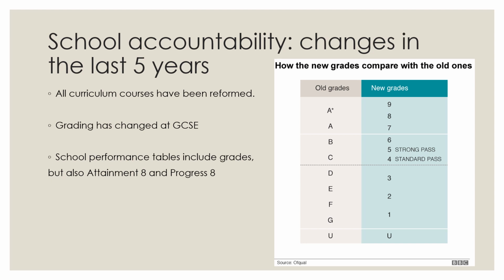There is also something that I'm going to explain in a moment called Attainment 8 and Progress 8 as well. But before I do, just to say that the grades 9 to 7 now collapse into what would have been the old grades A star to A. And what happens is students are awarded 8s and 7s, and then the top 20% are non-referenced to give the grade 9.